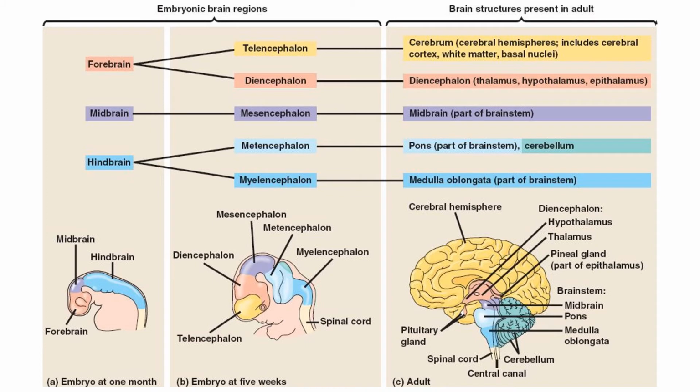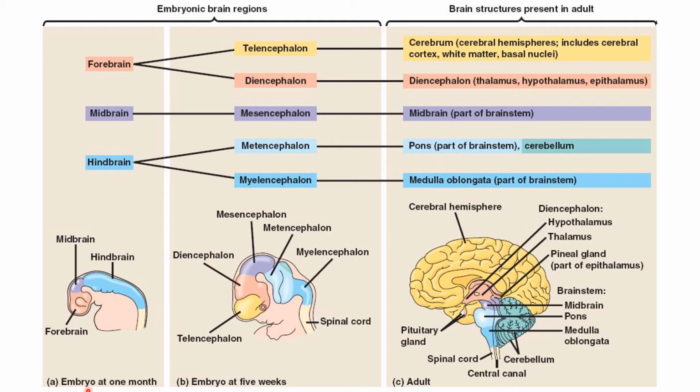So this one is an easier diagram for you to understand how the embryonic brain regions develop into the adult forms. I know it is more effective for you to see colors to depict the process of development.